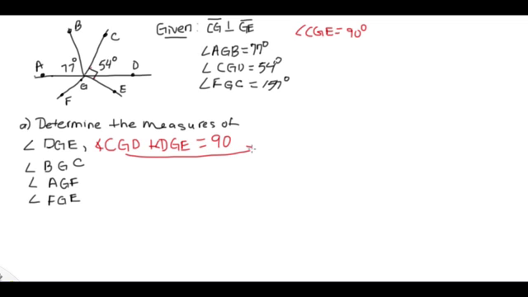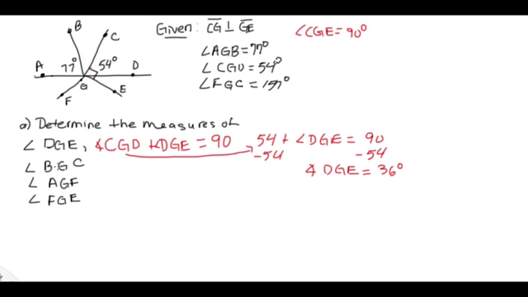We have 54 plus angle DGE equals 90. Now I subtract my 54, and I'm left with angle DGE equals 36 degrees.